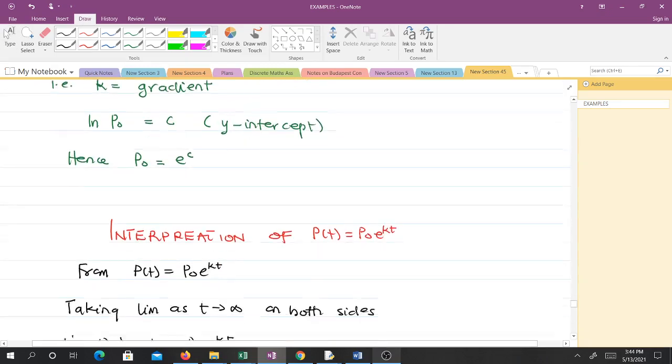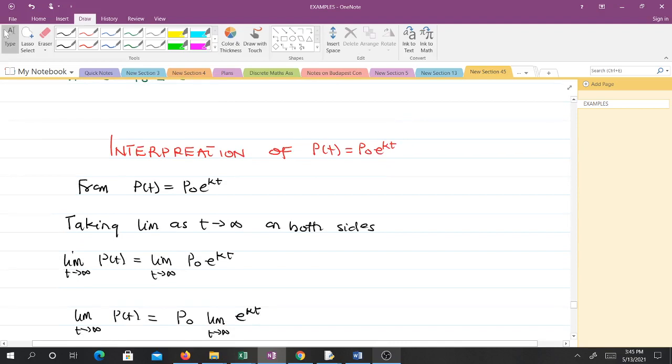So right now, let's talk about interpretation of equation 4, so how you can use that to make some analysis based on the population. Okay, so we have p of t is equal to p naught e^kt. From this, when we take the limit as t approaches infinity, that's if you allow time to grow for a very long time, what will happen to the population?